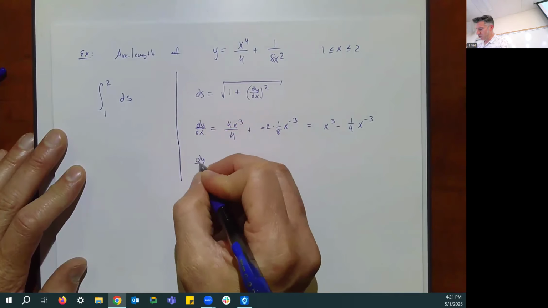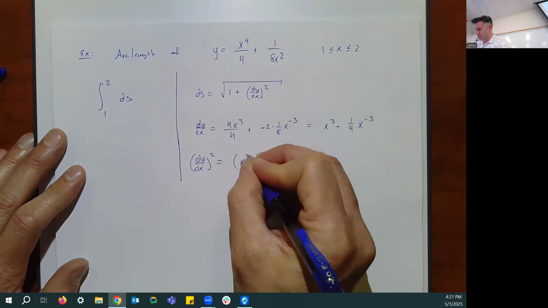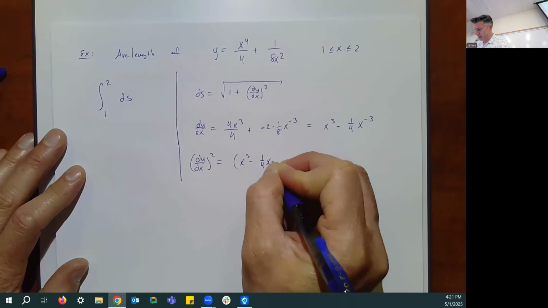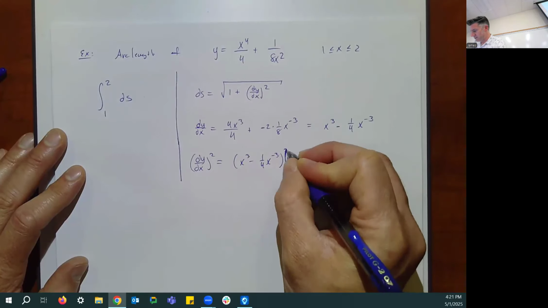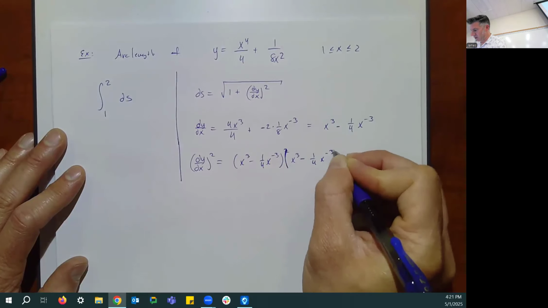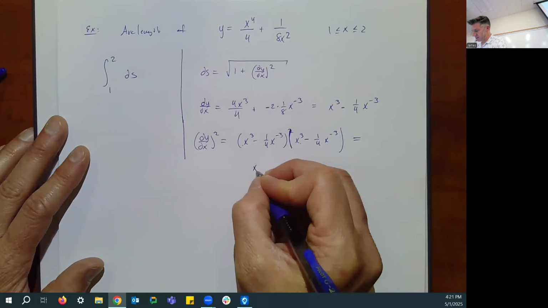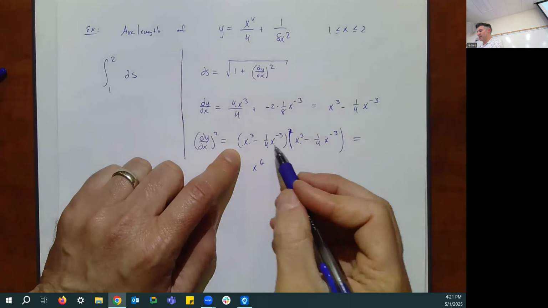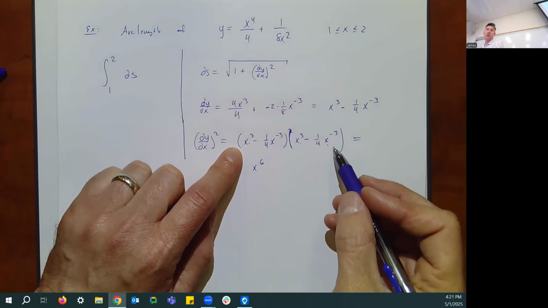So my derivative squared is x cubed minus 1/4 x to the negative third, squared, or just multiply by itself. And when we FOIL this out, look what happens. X cubed times x cubed is x to the sixth. X cubed times negative 1/4 x to the negative third: x to the third times x to the negative third is x to the 0, which is 1.